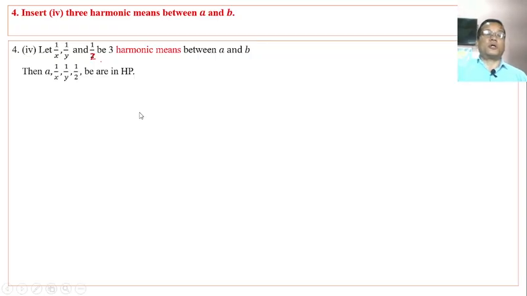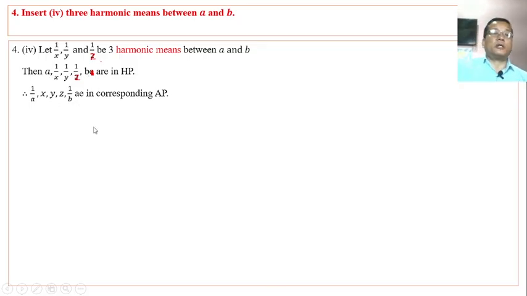Then take the reciprocals of the harmonic means; they are in AP. The reciprocals of a and b are 1 by a and 1 by b.